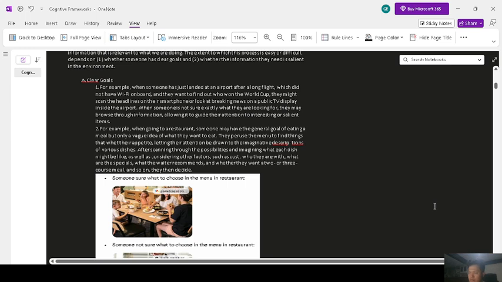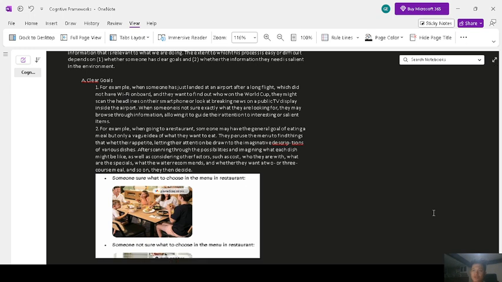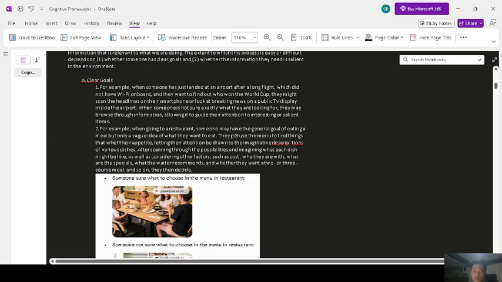So we're talking now about the term attention. The more clear we are on the things that we want to find or get, the better our attention. So that's also the importance of reading.